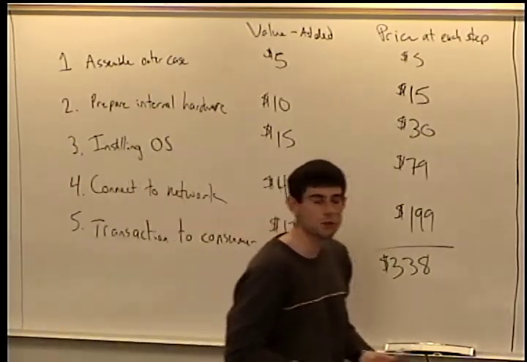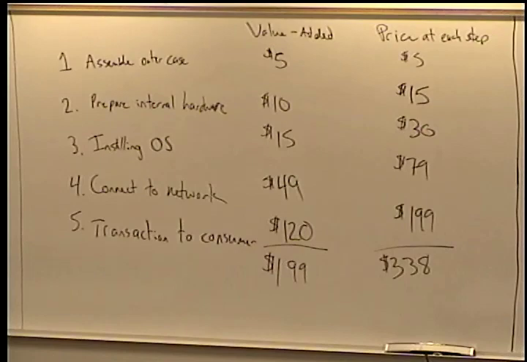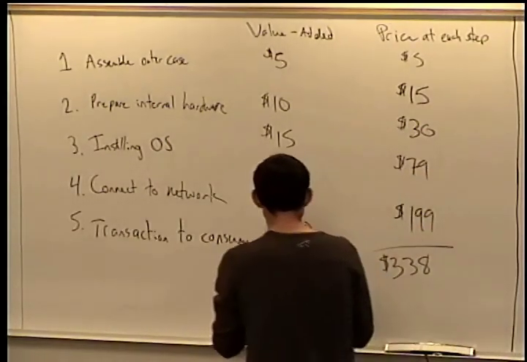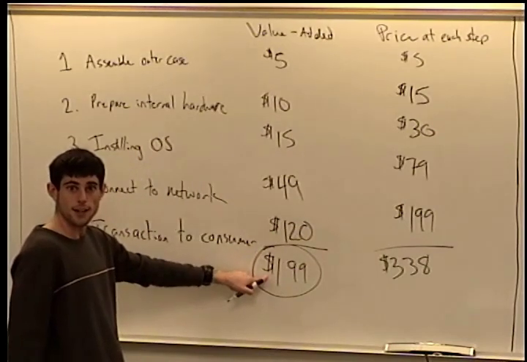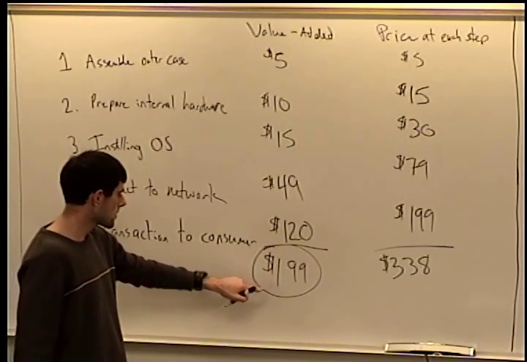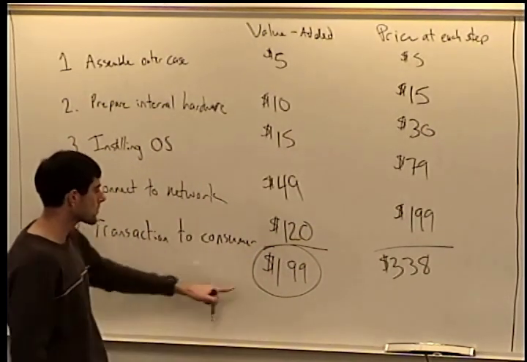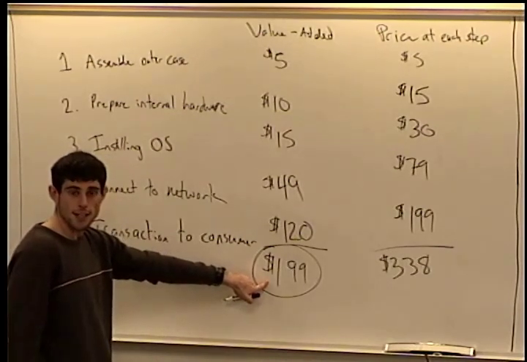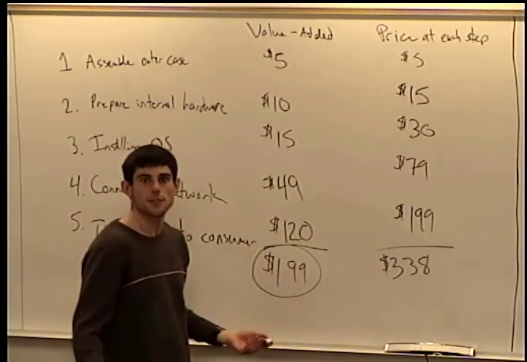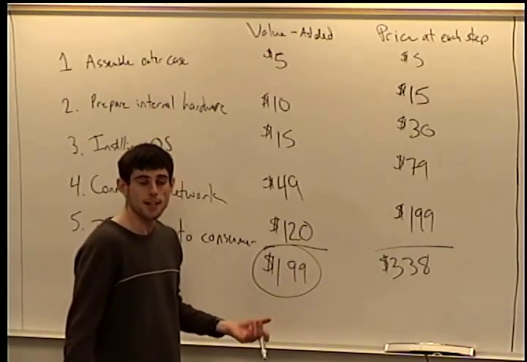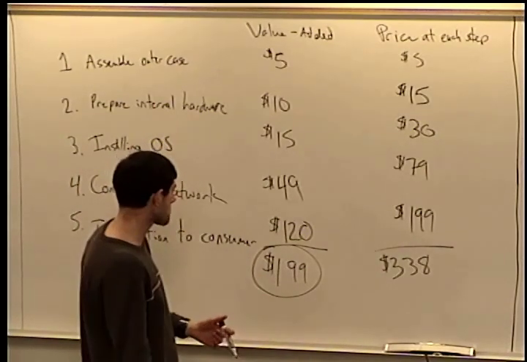So what we can do when calculating GDP is we can calculate all final goods and services produced. So the cell phone to the consumer costs $199. Okay, so if we take 10 cell phones sold at $199 each, that means that we produced $1,990 in value of cell phones.